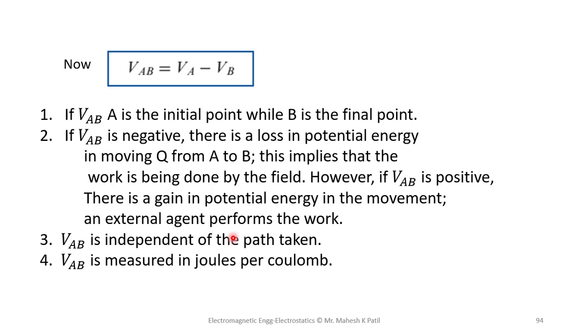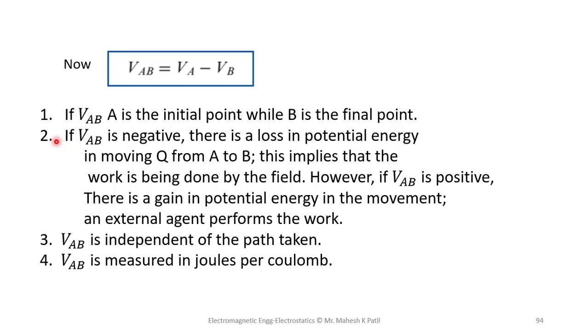Now we'll see this equation and write some observations from it. So V_AB is equal to V_A minus V_B. From this we can write, if V_AB, in this case A is the initial point. Now see here, I have considered A as the initial point while B is the final point. Clear?